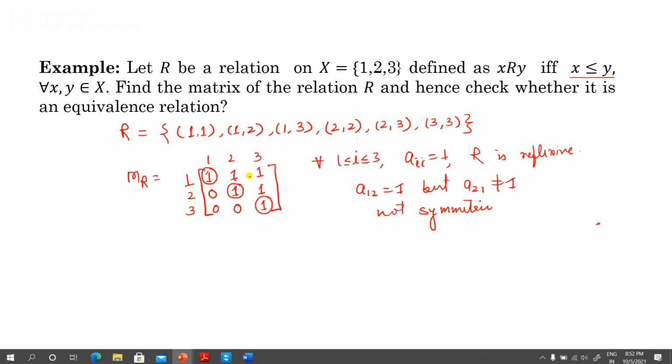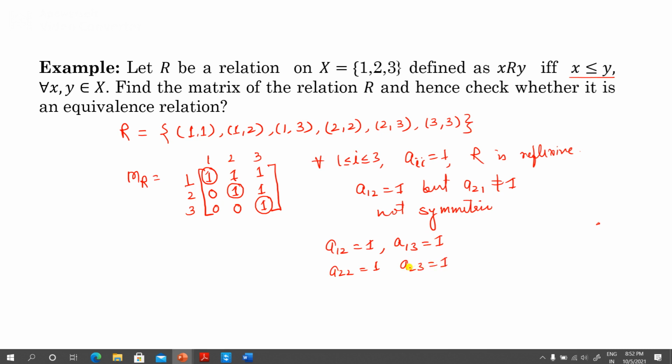Now check for transitive. First start with the first row, a12 equal to 1. Similarly a13 equal to 1. So in the first row we have two elements which are 1. Now we check the second row. In the second row a22 equal to 1, a23 equal to 1.